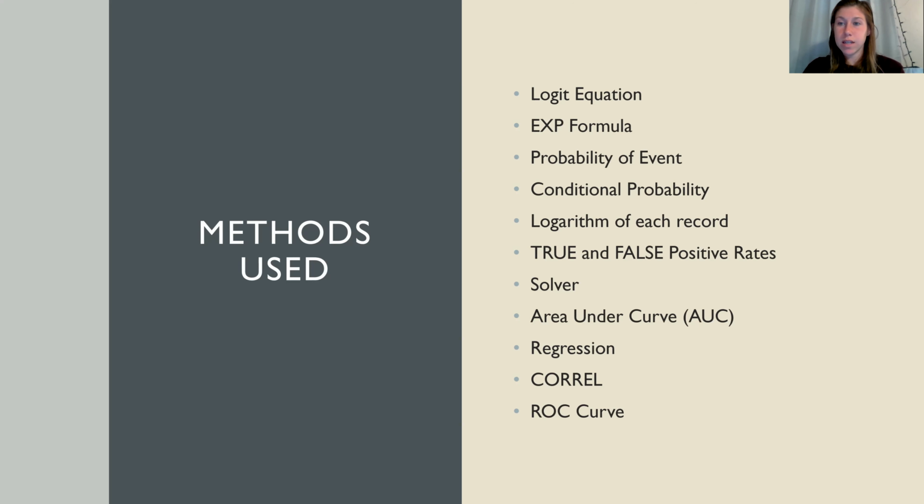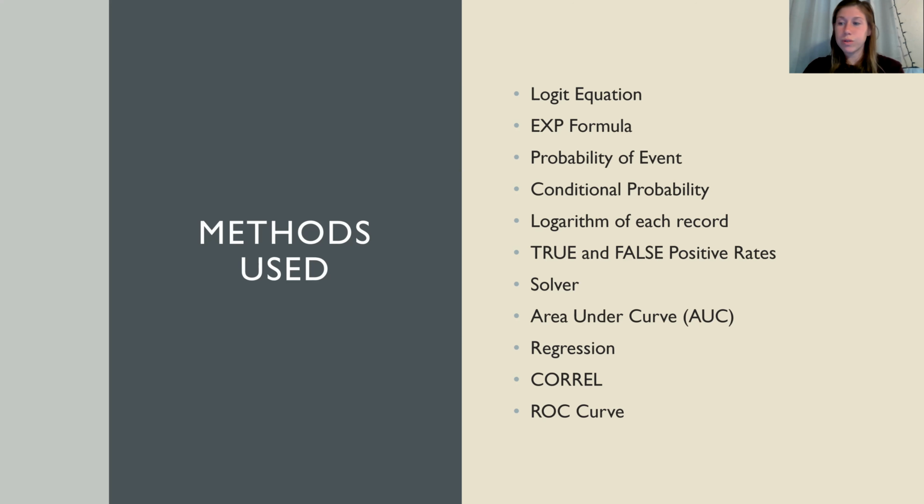Outside of the steps that were listed on D2L by Professor Willis, I will be using regression and correlation. I will use the regression tool on Excel to determine whether the effect of independent variables depends on the value of another variable.